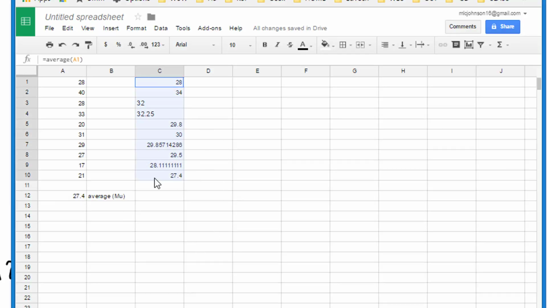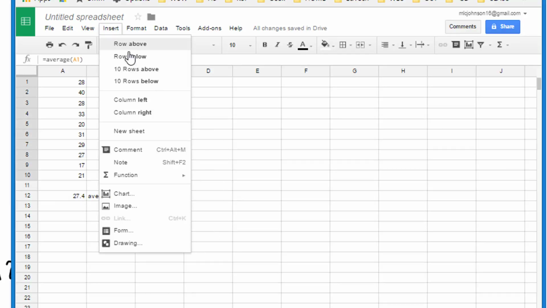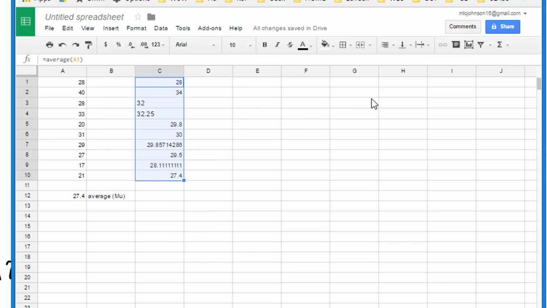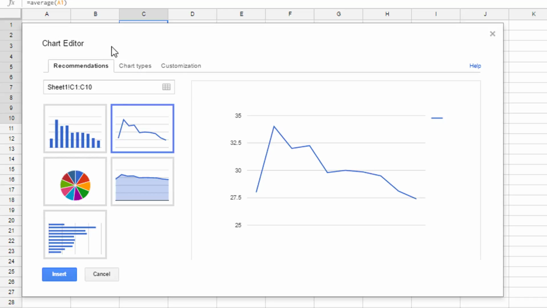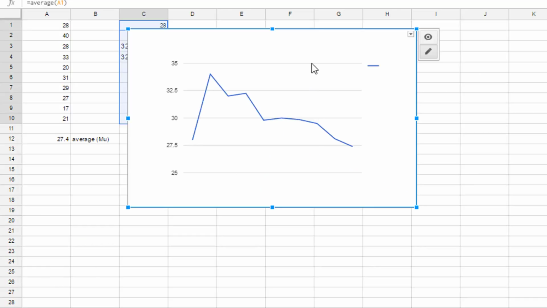All they did with this was they took this and they inserted a line chart. So let's throw a line chart in here and take a look at that. The average we noticed was 27.4 down here. These numbers got closer and closer to 27.4 as we did the average of them until it actually got to the number.